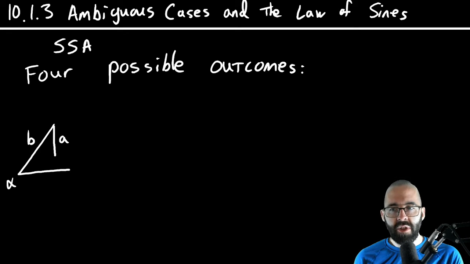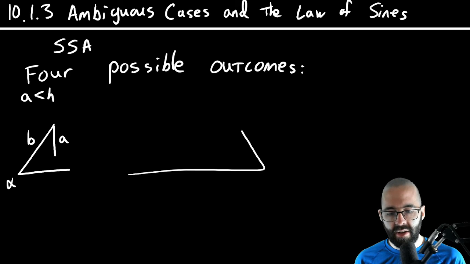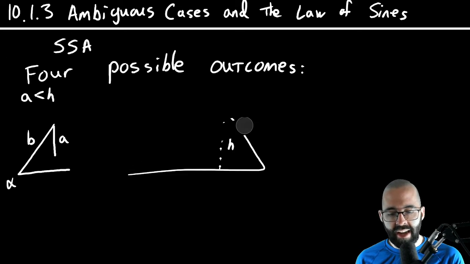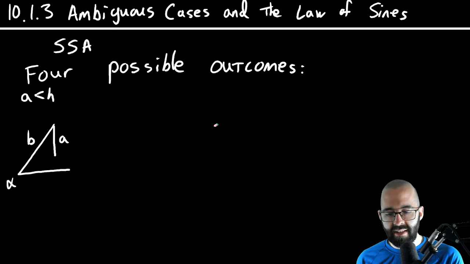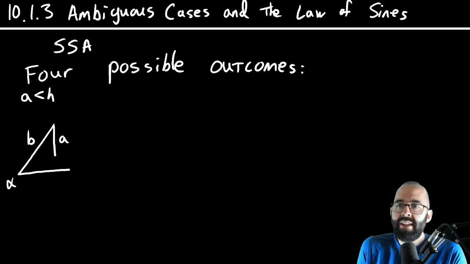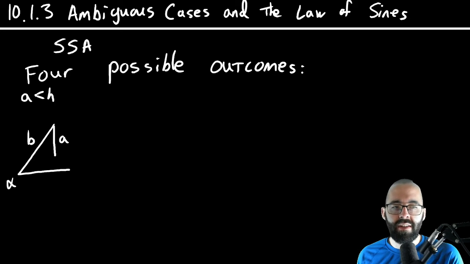But what if I give you an A that's less than the height of the triangle? Think back to that triangle we started with at the beginning. This was the height. Well, if this A is less than that height, there's no triangle that can exist. It's impossible to draw a triangle.